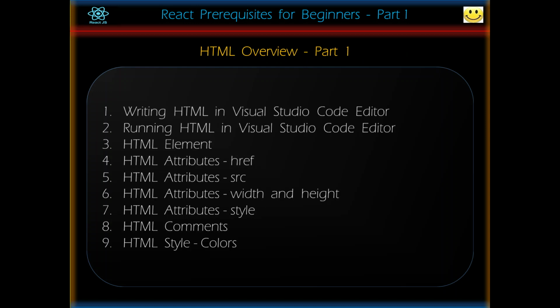In the next lecture, HTML Overview Part 1. In this lecture, we will learn about writing HTML in Visual Studio Code Editor, running HTML in Visual Studio Code Editor, HTML elements, HTML attributes, href, src, width and height, style, and then HTML comments, HTML style, colors.